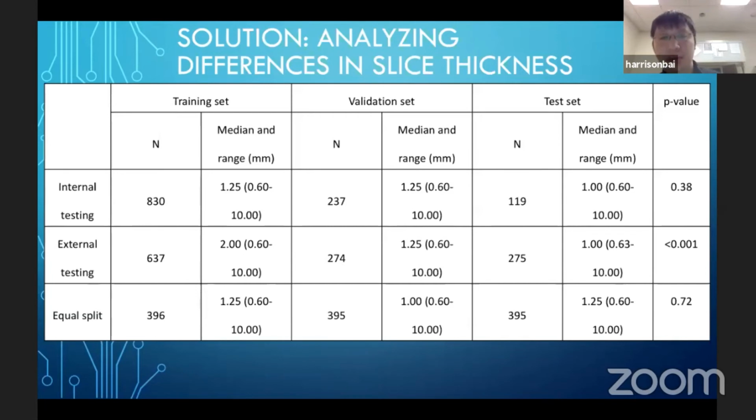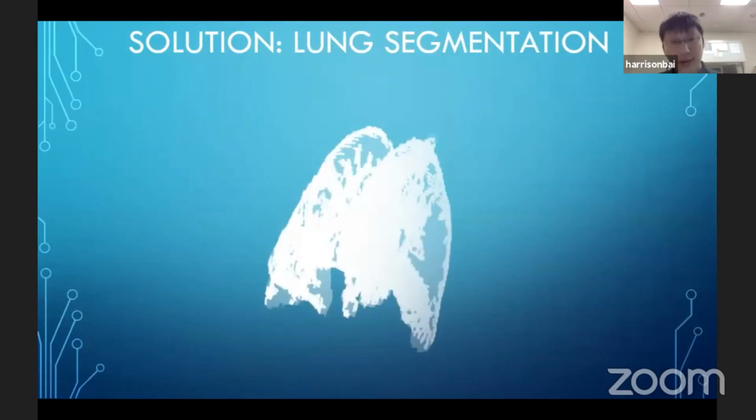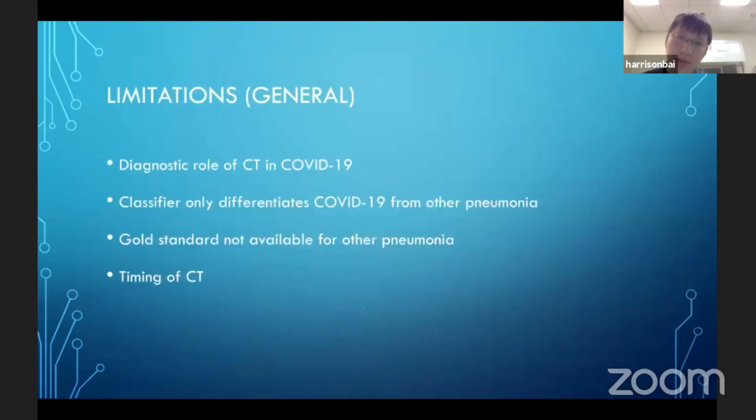But of course, if we do external testing, there is a difference in slice thickness due to the differences among the institutions. So the way we try to solve this problem is to use lung segmentation. Because we don't want the algorithm to focus on anything outside the lung, we also normalize the CT to lung window, and those are the things we did.